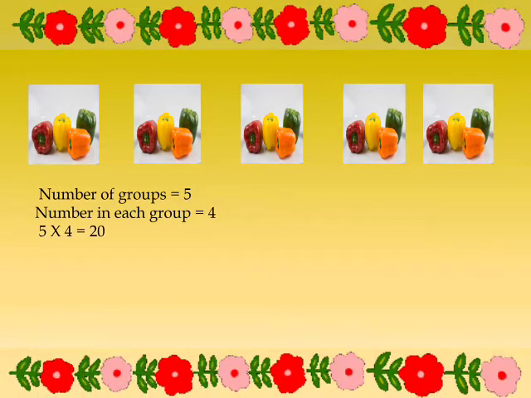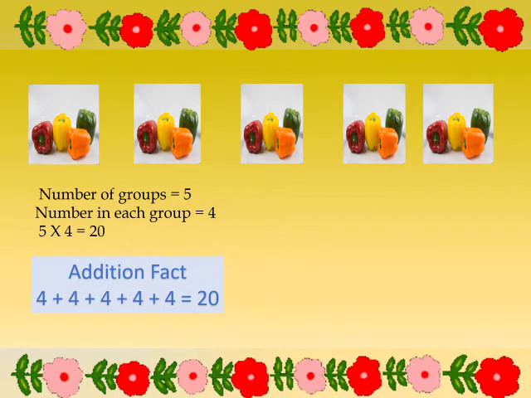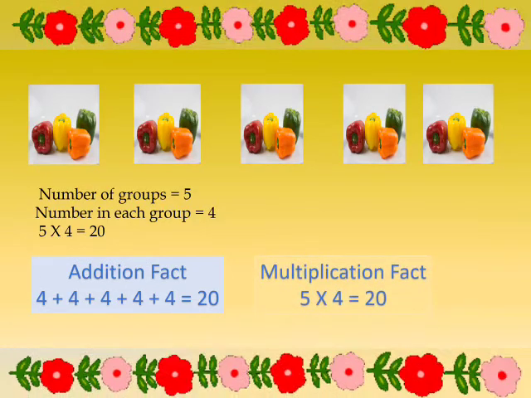So we can say that 5 times 4 is equal to 20. The addition fact for this is that we can add 4 five times, that is 4 plus 4 plus 4 plus 4 plus 4, and it is equal to 20, whereas the multiplication fact is 5 times 4 is equal to 20.